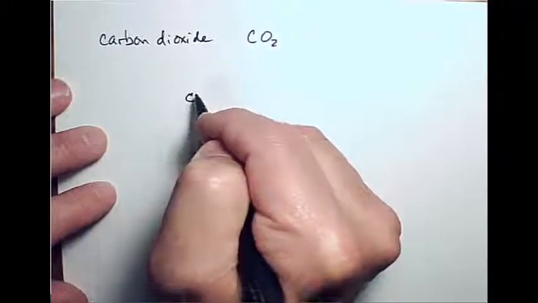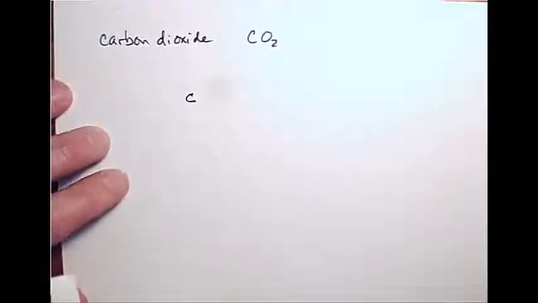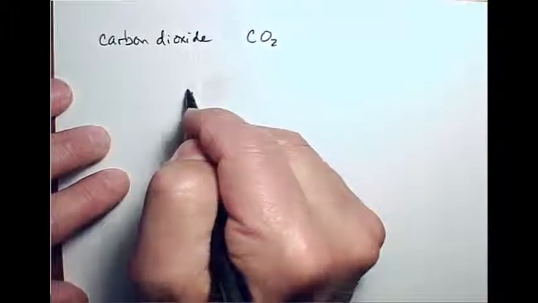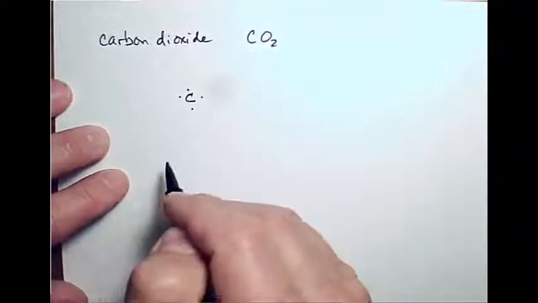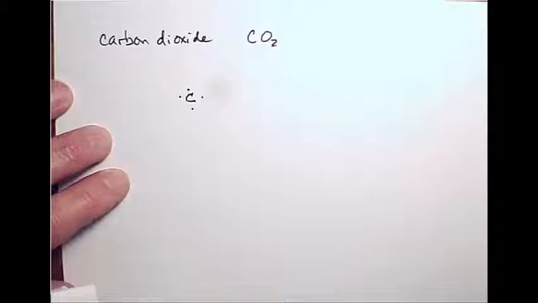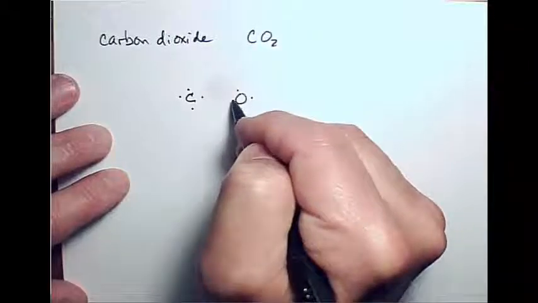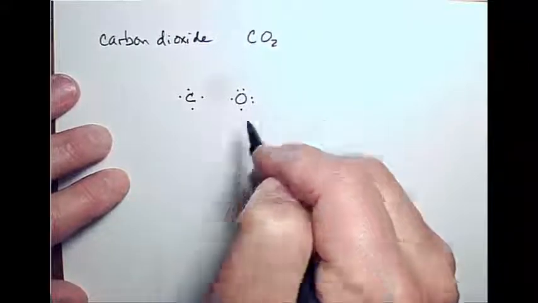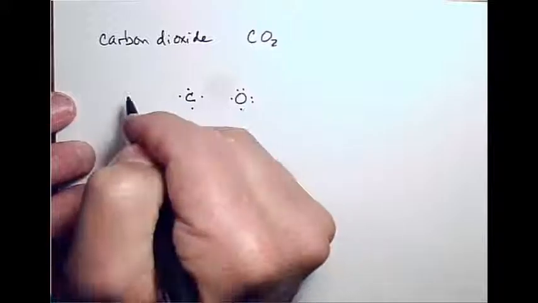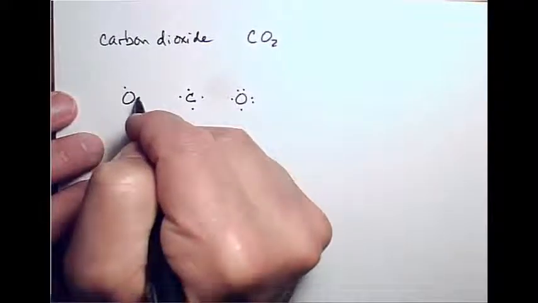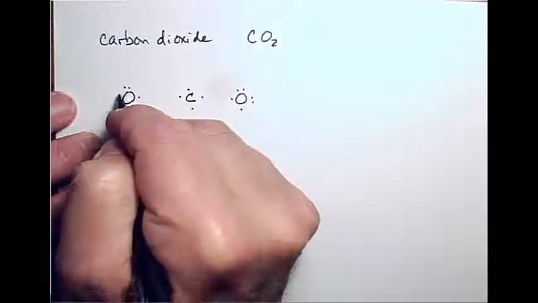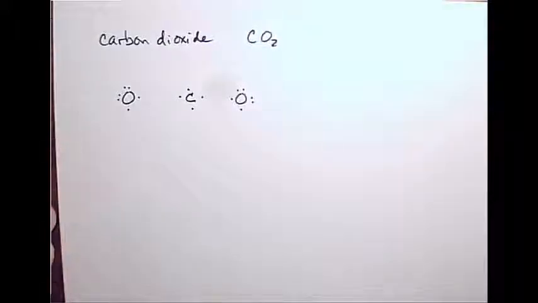So how many electron dots do we put around carbon? 4. 1, 2, 3, 4. How many electron dots do we put around oxygen? 6. 1, 2, 3, 4, 5, 6. But I need two oxygens. 1, 2, 3, 4, 5, 6.